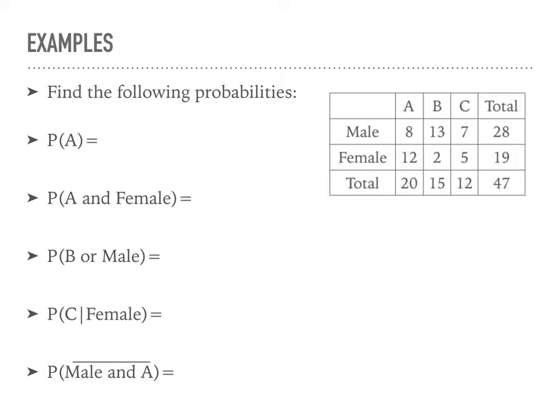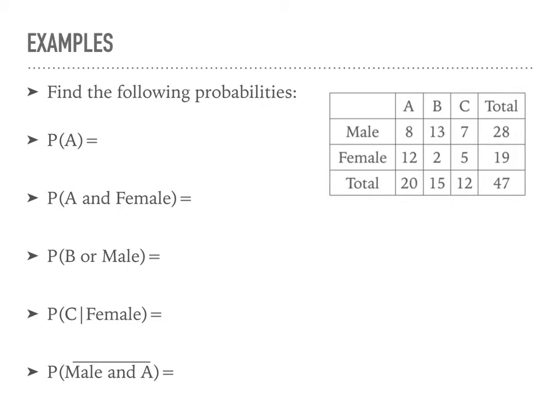We're also able to see how many males got an A, got a B, or got a C, how many females got an A, got a B, or got a C. And in the bottom right corner, we're also able to see the total number of participants that we had in this experiment.